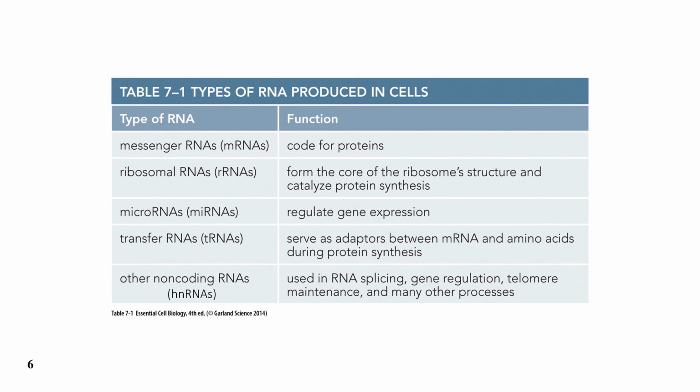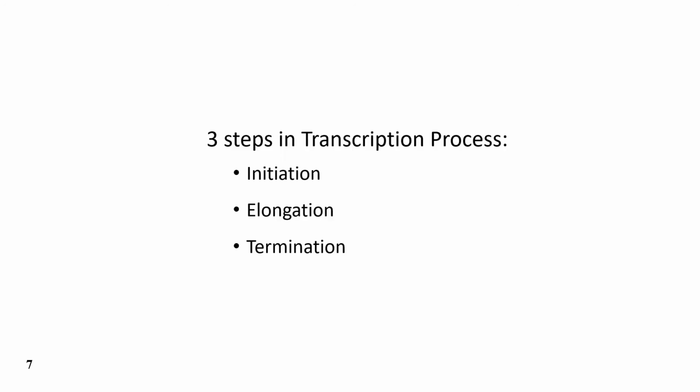about which we'll hear some more in probably tomorrow's preparation. Again, a reminder of what the Khan Academy video said is that the process of transcription has 3 steps. The first of those steps is initiation, transcription initiation.